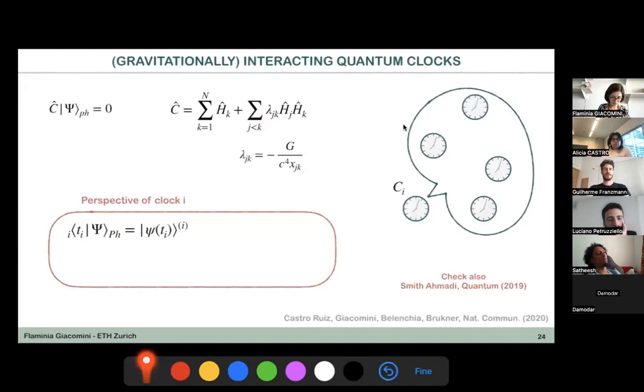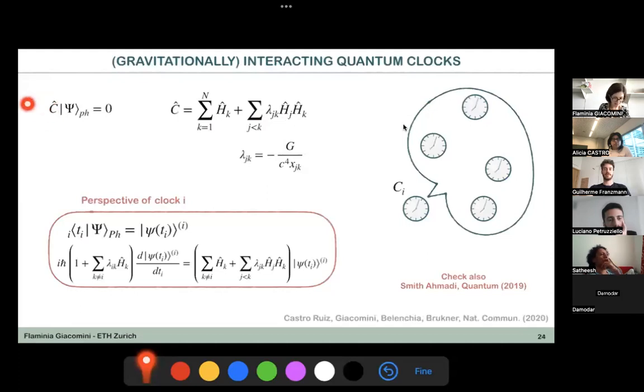Then I can do the same for the Hamiltonian. I can just take the scalar product with Ti on the physical state, and I will find this equation here. Now you see, this is in principle a little more complicated than what we got in the simple Page and Wootters case, because here I still do not have a Schrödinger equation, because I have this operator in front of how the state evolves, and some Hamiltonian here.